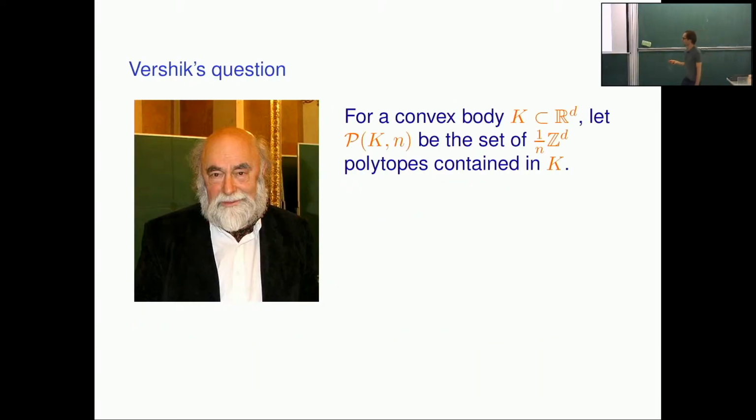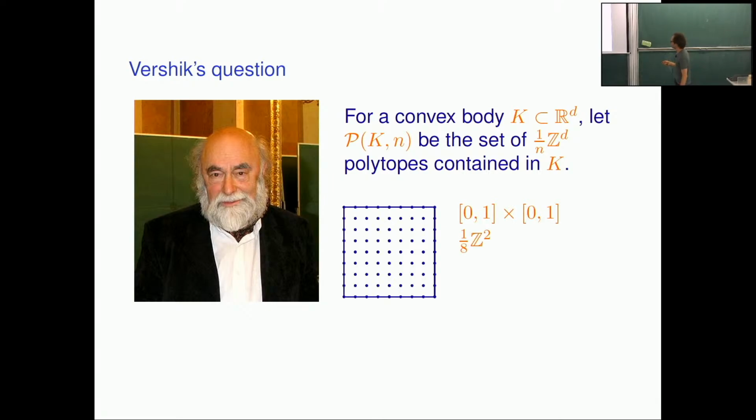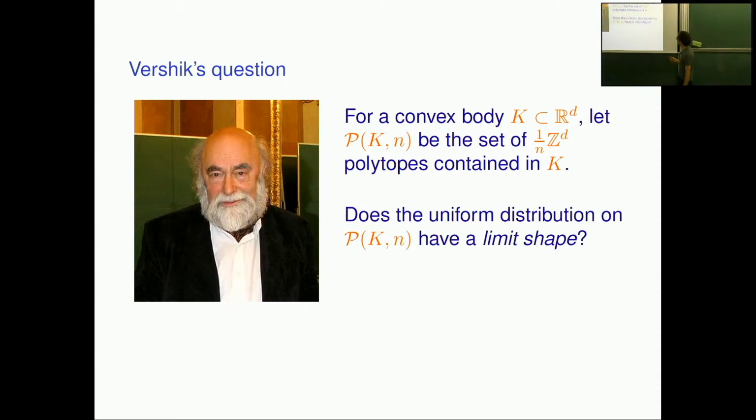So, following the work on Arnold's question, Vershik asked the question, is there a limit shape for these convex polygons? So what does a limit shape mean?